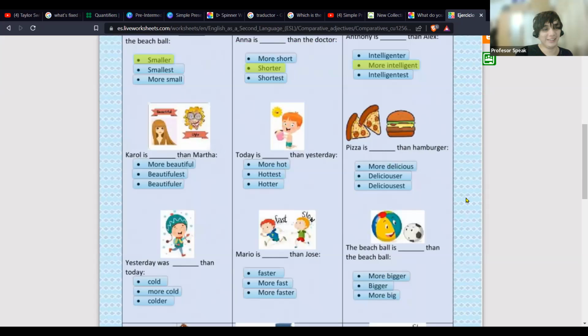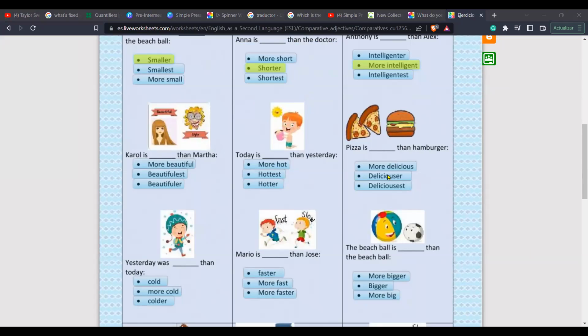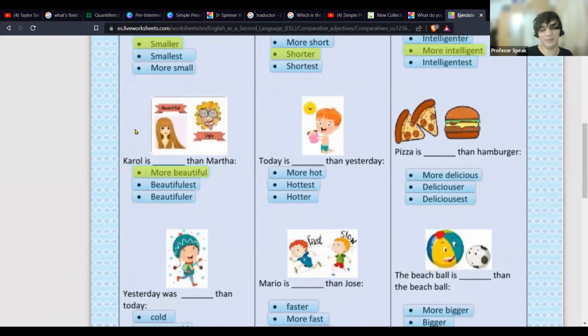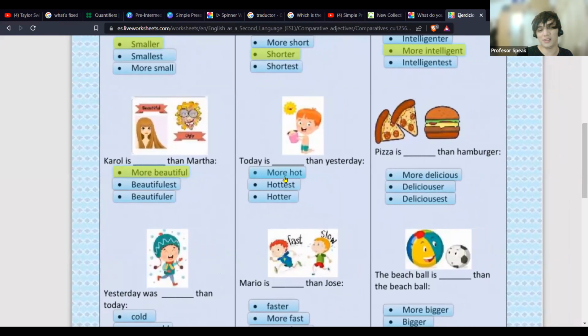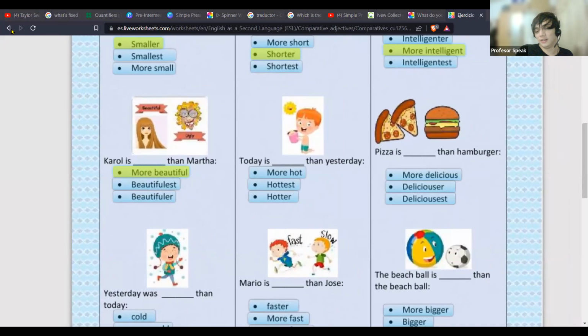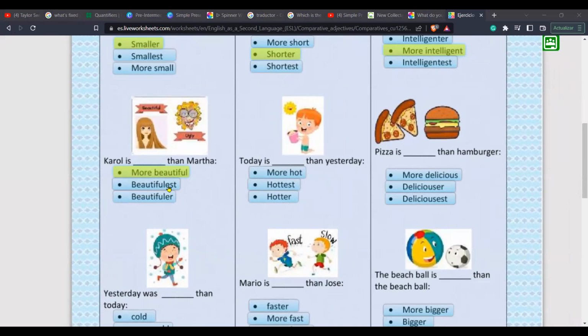Let's see. Melanie Elias. Carol is more beautiful than Martha. Okay, very good. Continue, please, Sarai. Today is hotter than yesterday.